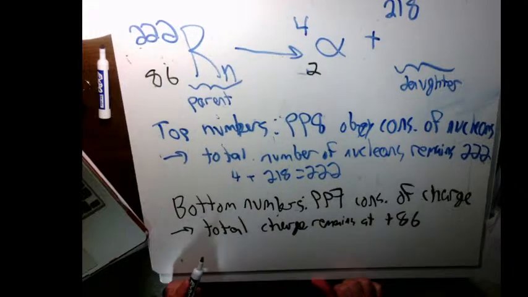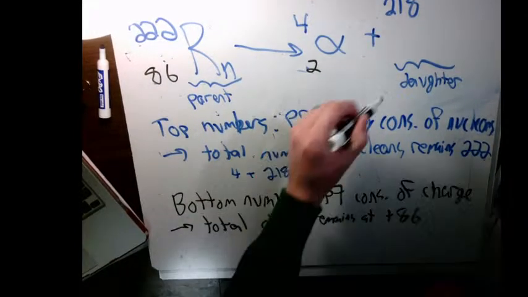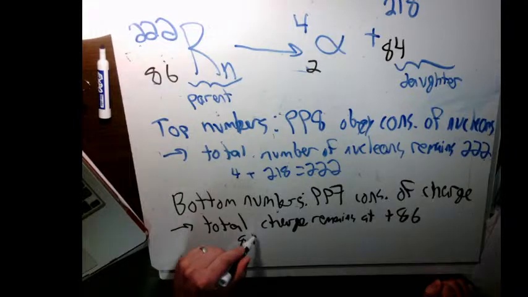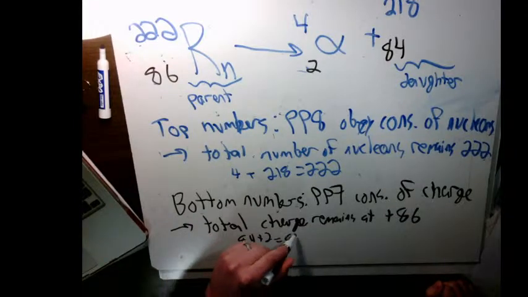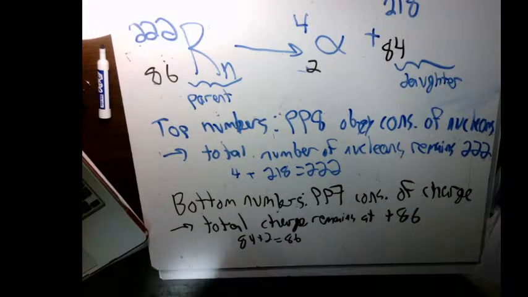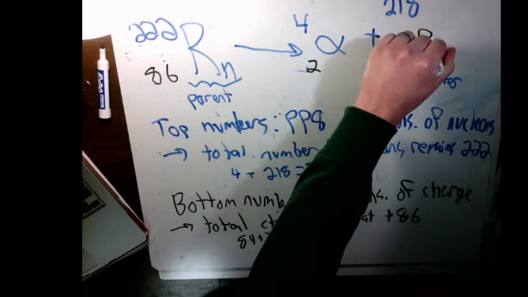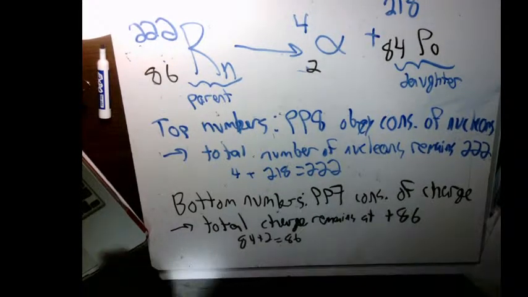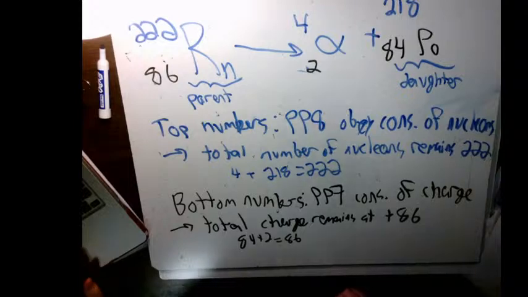We got 2 there. So we're going to need to have 84, because 84 plus 2 is equal to 86. All right, so we'll use that number of protons to determine our element. We've got polonium, 218.